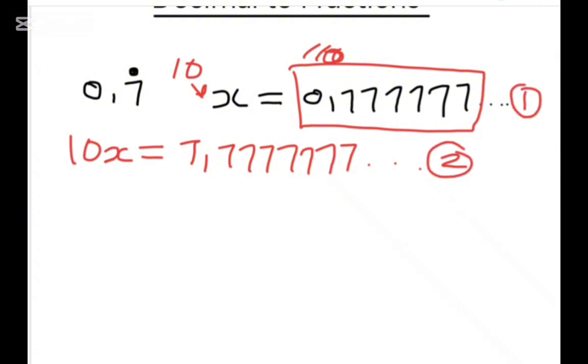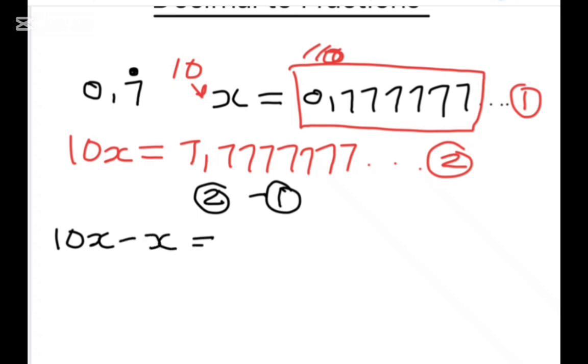Next we take equation 2, the bigger one, and subtract equation 1 from it. Equation 2 says 10x, which we minus with x, and that is equal to this number, 7.777.